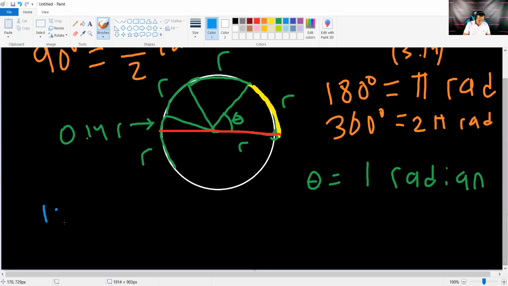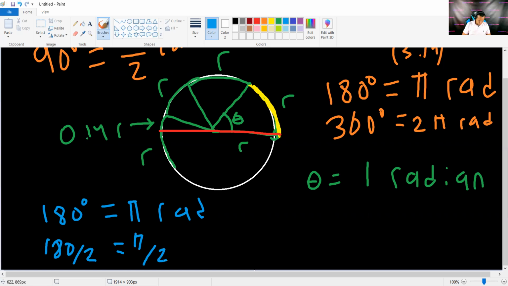If I have 180 degrees, and that equals pi radians, then 90 degrees is half of 180, or 180 divided by 2. So I would write this. That equals pi over 2. And you can play with this as much as you want.